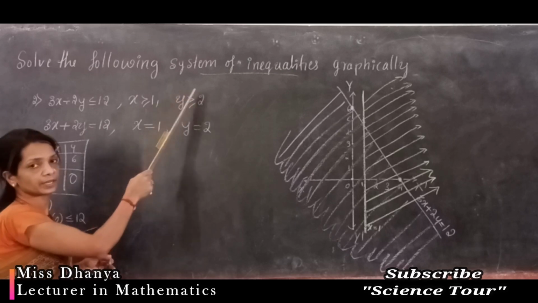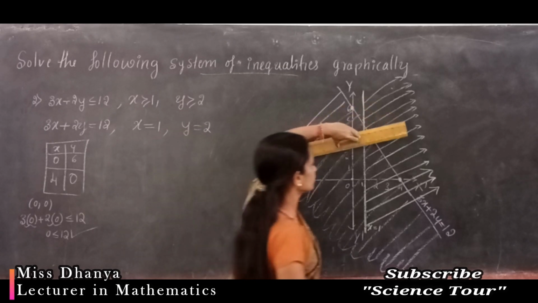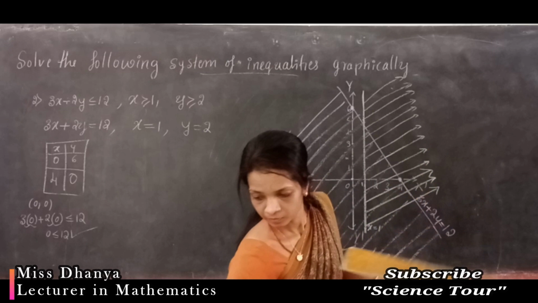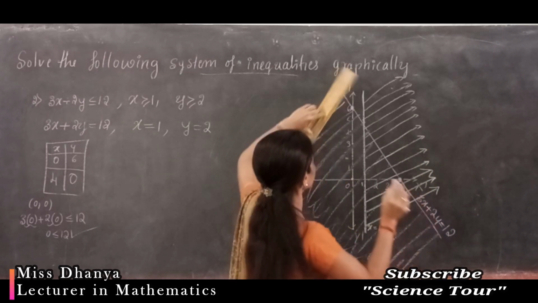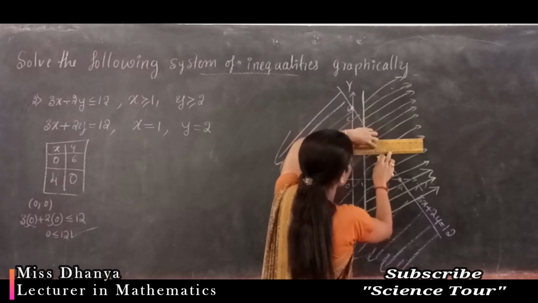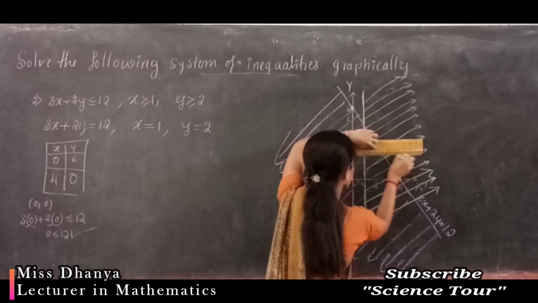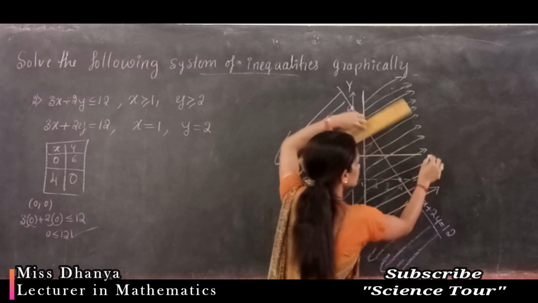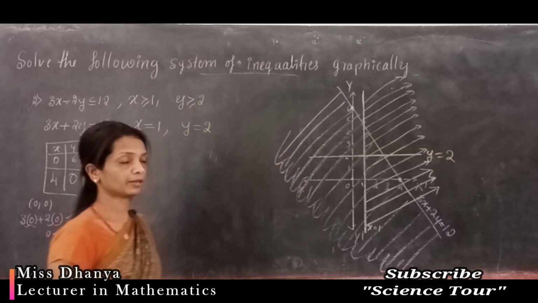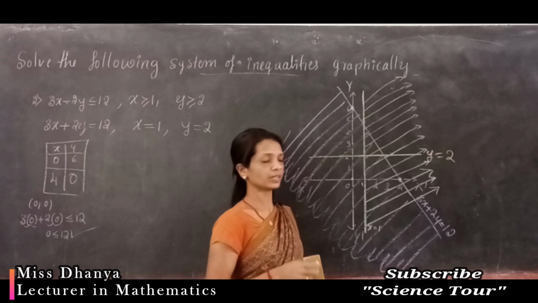Now we go for y is equal to 2. Y is equal to 2 is a horizontal line passing through 2 on the y axis, that is here. So this is your horizontal line, y is equal to 2, and you have the inequality y greater than or equal to 2, which means above the line y is equal to 2.